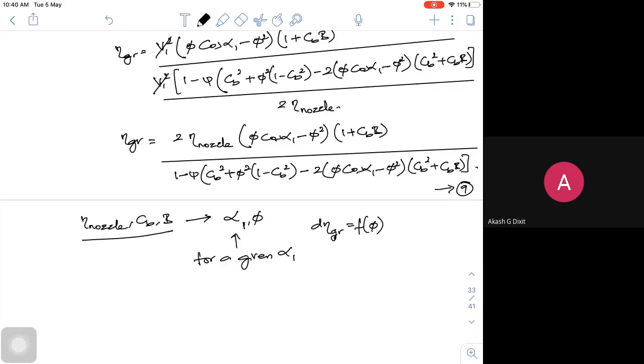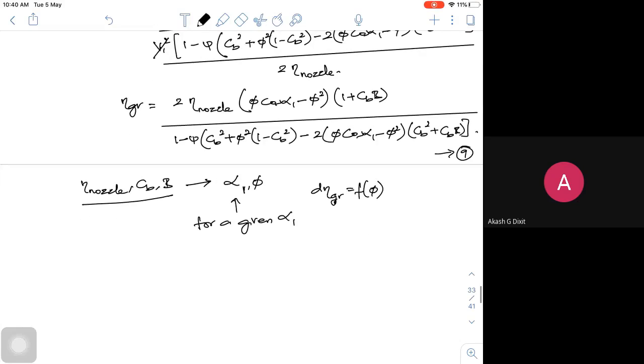It's a function of phi. How can I maximize it? To maximize, what should I do? I should differentiate this with respect to phi and efficiency. So differentiate expression 9.